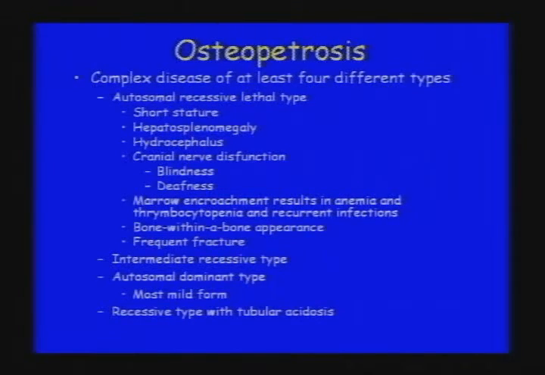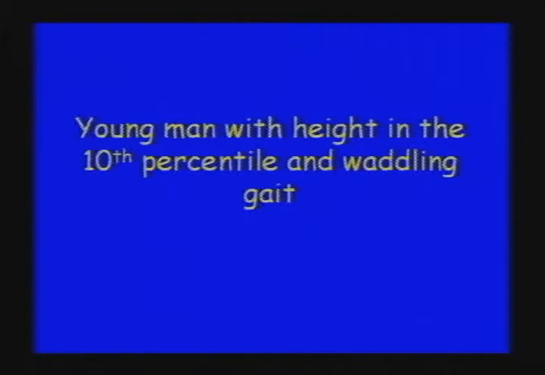They have hepatosplenomegaly and hydrocephalus and cranial nerve dysfunction because of the encroachment of the expanded bone on the neuroforamina. Marrow encroachment also results in anemia and thrombocytopenia, and they usually die because of infectious complications. There are other types that are less severe as the person gets older.